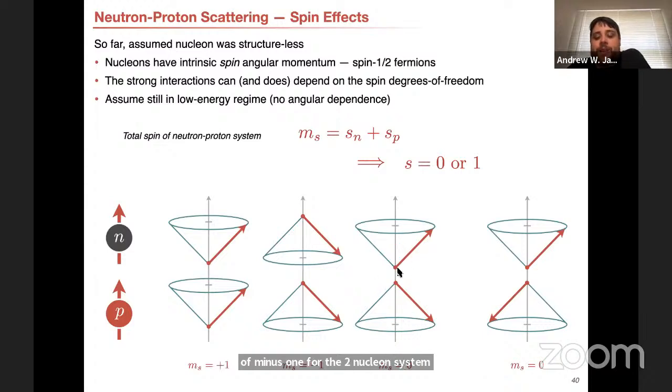And in this case, you have the neutron spin up, the proton spin down, so the total spin projection is 0. However, the spin projection can be 0 in a different way. We can think about this case as them being symmetrically 0. And in this case, you can also have it where they're anti-symmetrically 0, meaning that they're out of phase with each other.